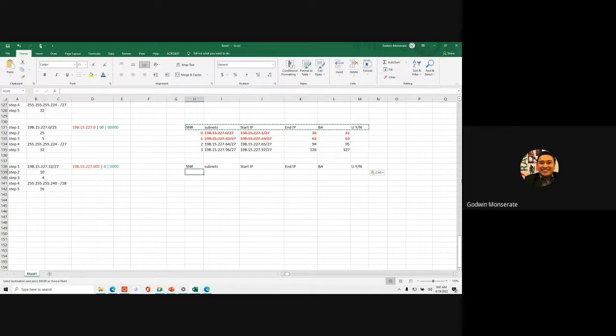Then we created two, 1, 2. The address of 198.15.227.32/28. We incremented by 16. So plus 32 plus 16 plus this plus 16. So meaning 198.15, this is 48.